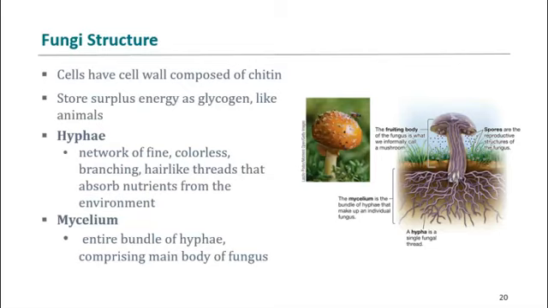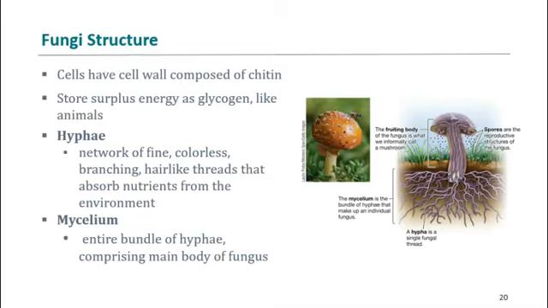Now, for the body itself, right, we've got these cells that have cell walls. These cells can join end to end to form these very long filaments. And these filaments are what we call hyphae. So as it says, it's a network of these very fine filaments, and they're colorless because they're usually underground. So the main body of a mushroom, let's say, is usually in the soil, under the ground.